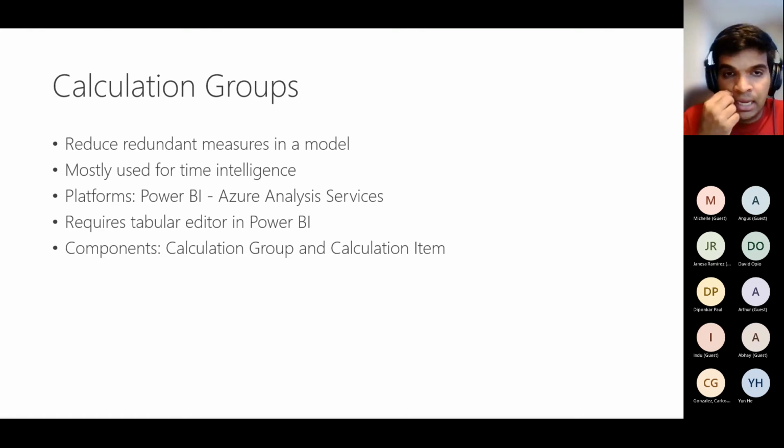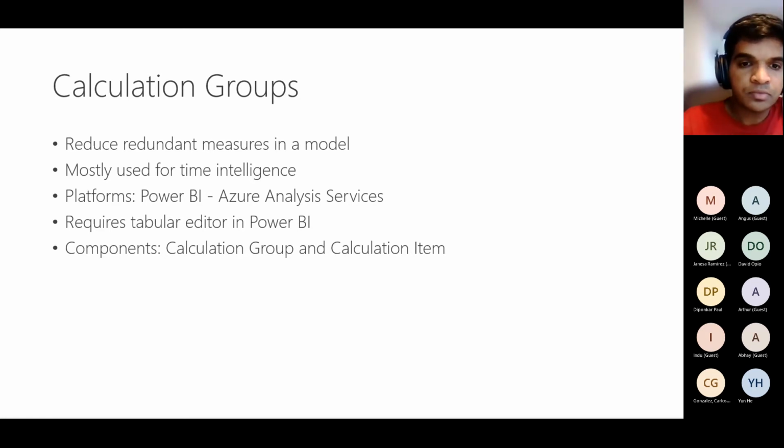Next, we have the calculation items, which store the logic required to work things out with the calculation groups. If you don't get these components when I say it verbally, it's completely fine, because I'll be going through them in more detail with demos, which would really help you understand these components much better.